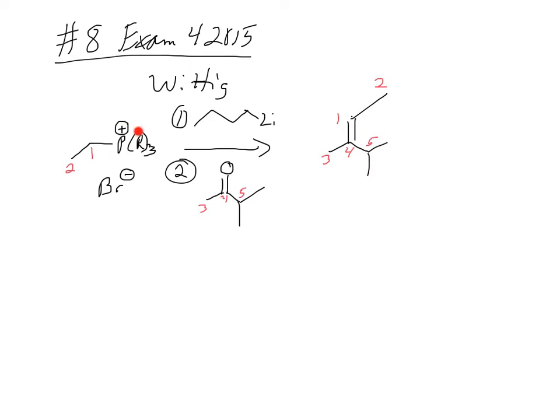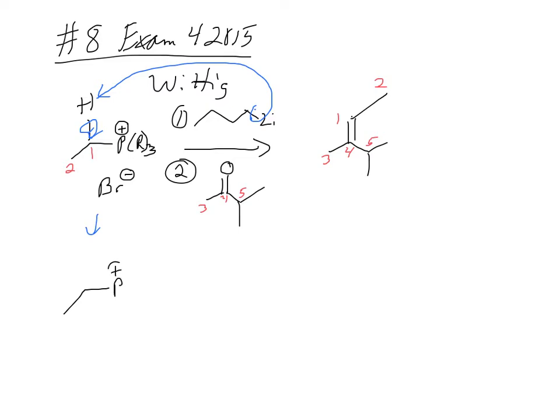Because it's next to this plus charged phosphorus, this H here actually becomes acidic. And because this is a carbon bond to lithium, remember where lithium is on the periodic table, far to the left, really this is like a C minus. This is more like an ionic bond. So it's going to take that H in an acid-base reaction.